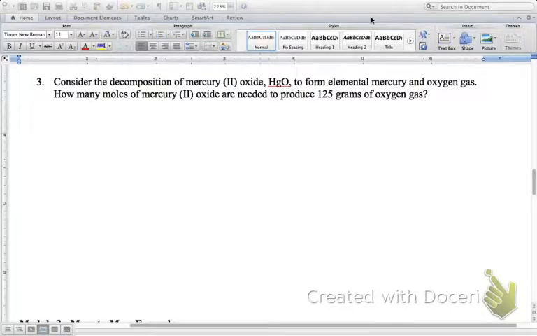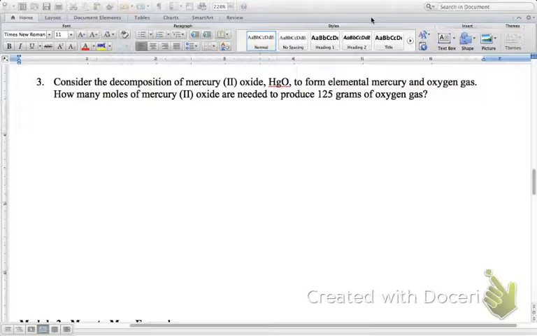Okay. So, next problem, you guys. We're still on this section that's mole to grams or mole to mass and mass to mole, okay? The first problem that we did and the second problem that we did together were examples of mole to mass problems. In other words, what we started with was moles and what we were ending with is grams.